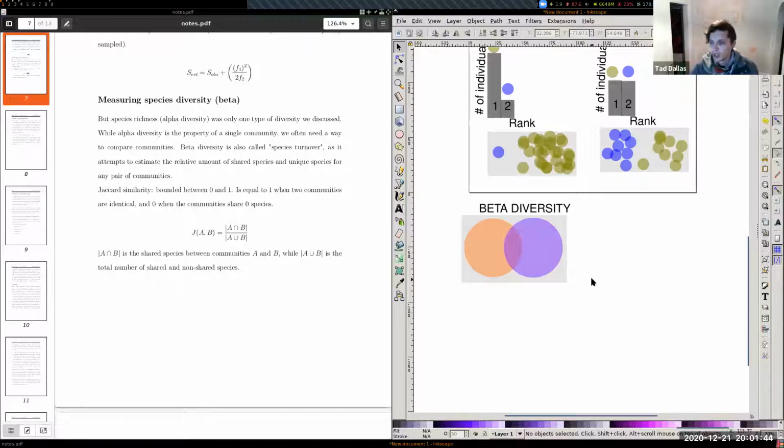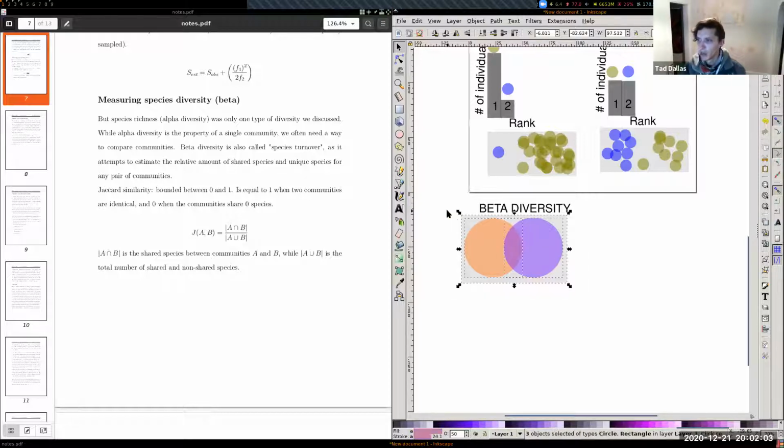It's important that we don't double count species here, right? You understand what I'm saying? So we count species that are unique to this community, the shared component, plus the ones that are unique to purple, meaning the shared component is not double counted.